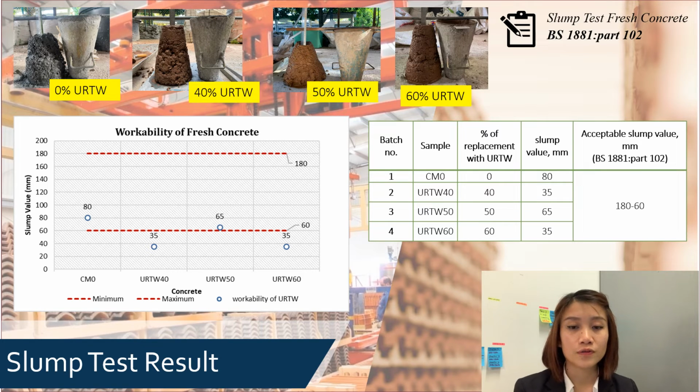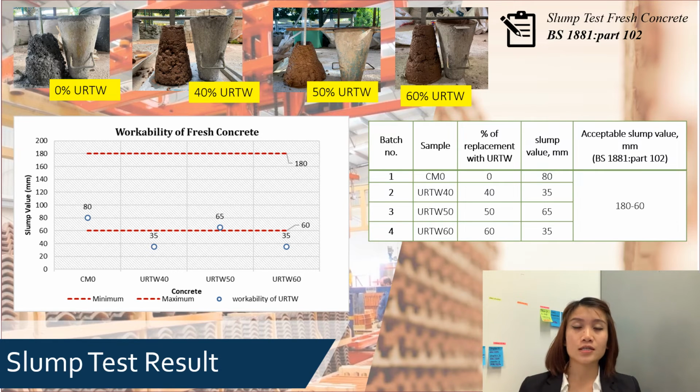From the graph here, we can see that the control mix with 0% URTW and the URTW 50% proportion are within the range. However, concrete with URTW proportions of 40% and 60% is out of range.